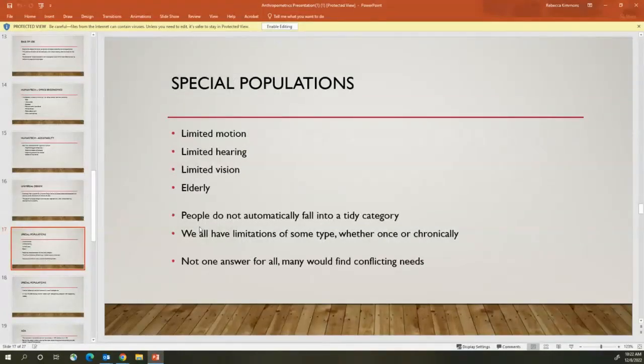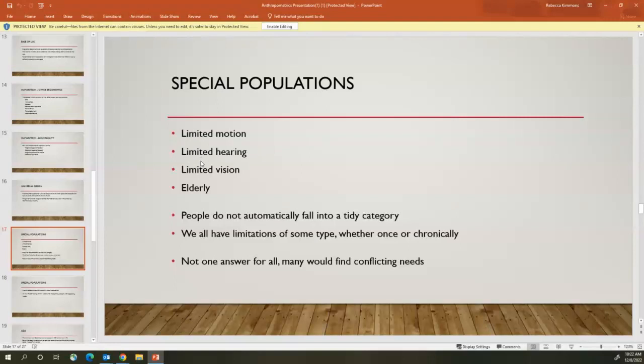There are special populations. So this is not disabilities, but these are populations that exist. Some examples are limited motion, limited hearing, limited vision, elderly, etc. People don't just fall into one of these. Sometimes they're a little bit of both. And it's not like you're here and you stay here.